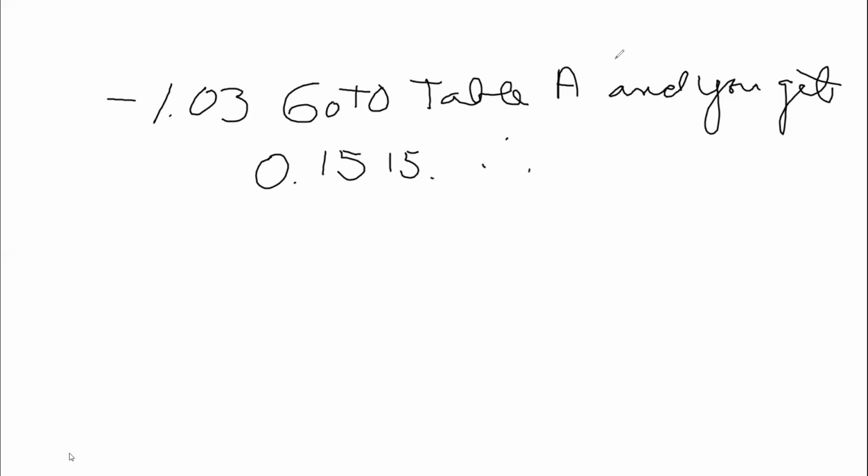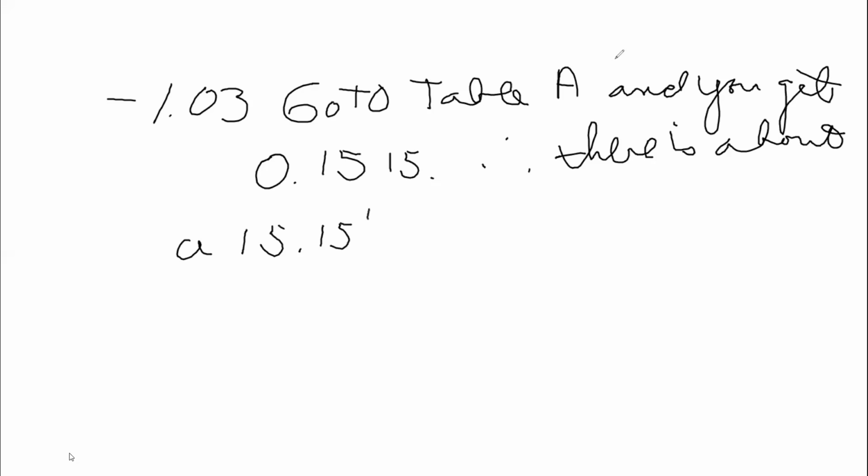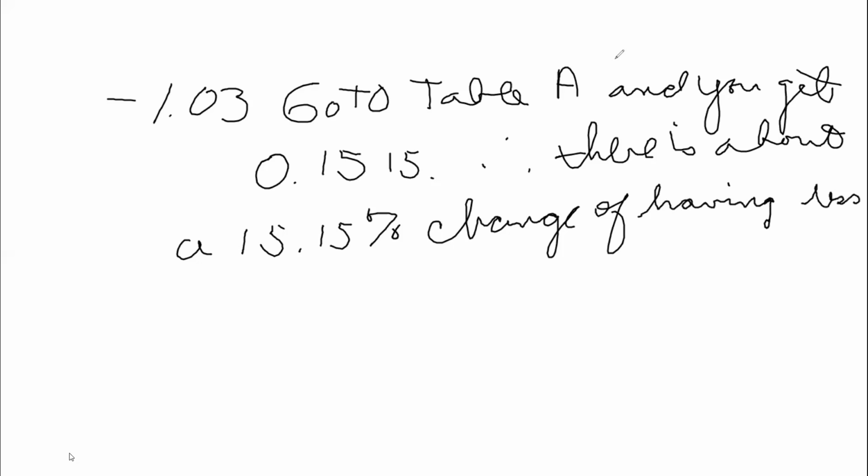Therefore, in math, if you want to be a math geek, those 3 dots mean therefore, there is about a 15.15% chance of having less than 2 accidents.